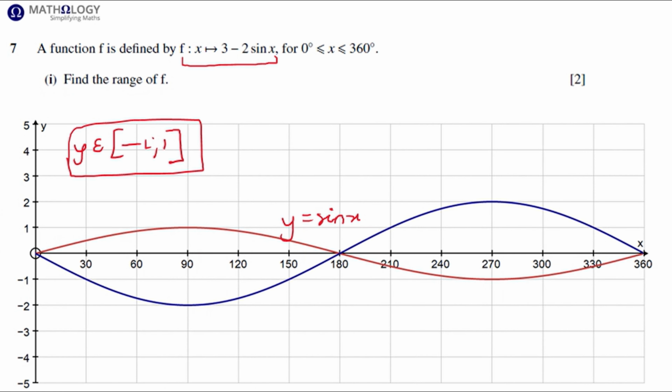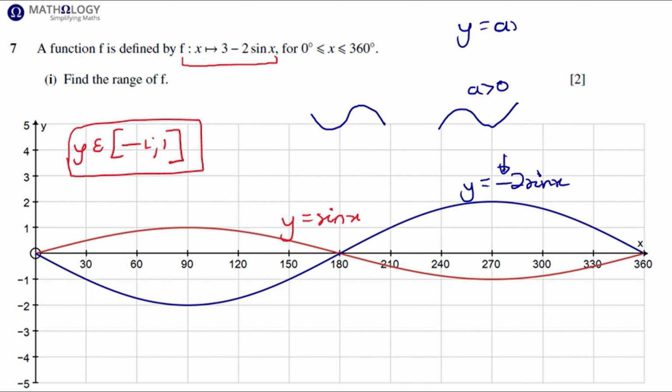So the blue function is the function y equals minus 2 sine x. The minus simply indicates that the function shapes like that as opposed to shaping like that. This is where your a is positive.